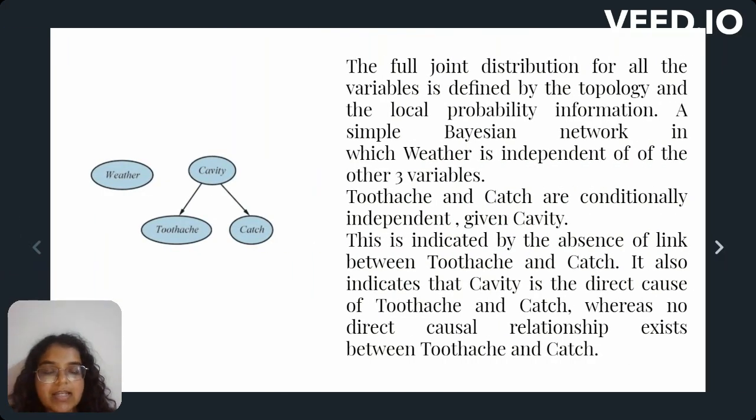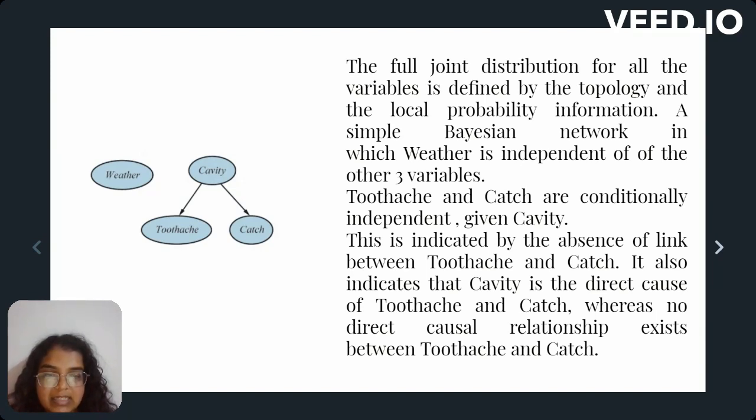The full joint distribution for all the variables is defined by the topology and the local probability information. A simple Bayesian network in which weather is independent of the other three variables. Toothache and catch are conditionally independent given cavity.